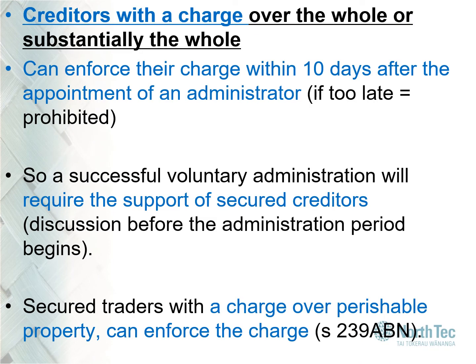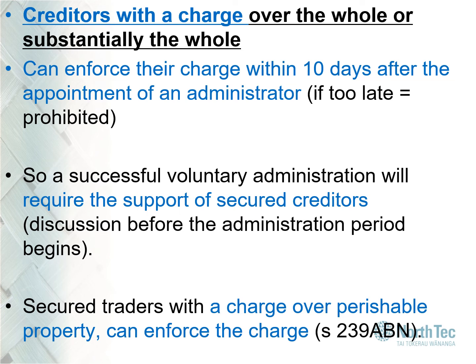If we look at creditors with a charge over the whole or substantially the whole of the company's property, such a creditor is supposed to enforce their charges within 10 days after the appointment of an administrator. And if one of those creditors is too late, then they are simply prohibited. Then they will have to wait.